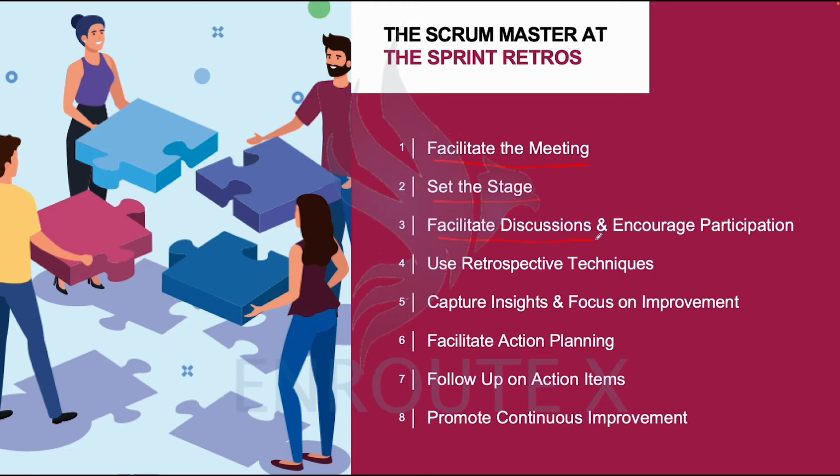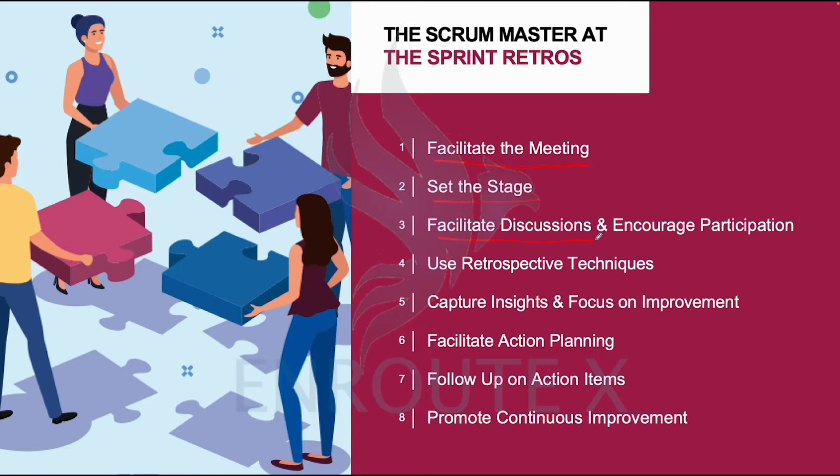When it comes to the retrospective, it is solely the Scrum Master's show. The Scrum Master is bringing everybody together, asking or helping them to bring out their opinions on how the sprint went, what went well in the course of the sprint, what did not go well, and what are their suggestions.